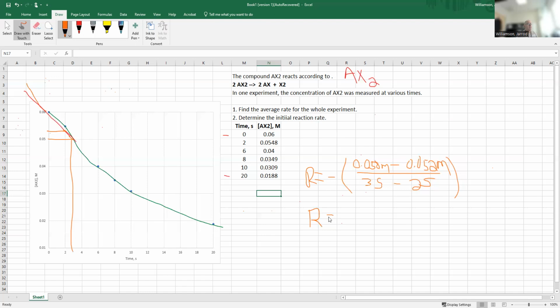The technique. So when I go ahead and do this, I'm going to go 0.05 minus 0.052. That's my estimated values. That's going to give me negative 0.002 molarity. 3 seconds minus 2 seconds will be 1 second.